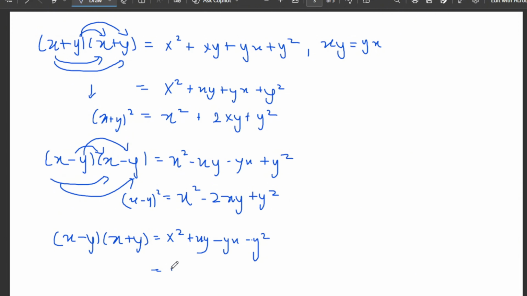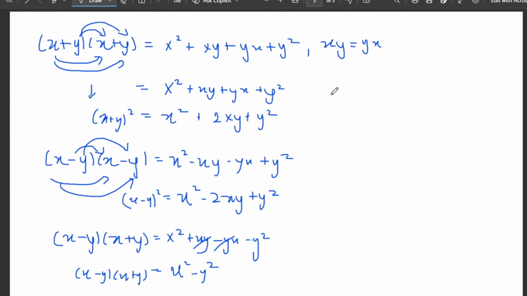What we have here is x squared. This is gone because they're the same and they minus, so xy minus yx will be 0, and then minus y squared. So this is the same thing as x minus y times x plus y.